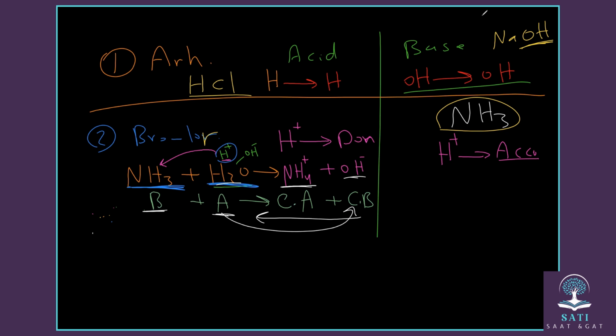So look, for Bronsted-Lowry, we need to understand just one important sentence in order to memorize. Bronsted-Lowry named the acid as the donor, as the generous side. Acid is the generous side for what? For positivity. What do you mean for positivity?